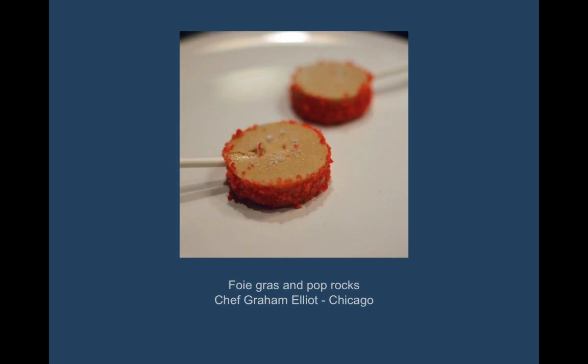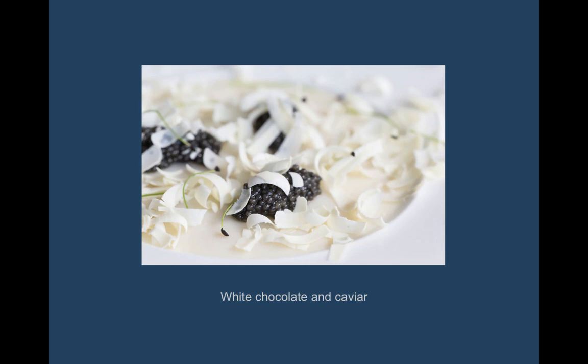This is Graham Elliott's combination of foie gras and pop rocks. High culture and low culture combined in one superb image. Personally, I'm not a meat eater, so superb might not be the best word, but it is a rather interesting combination. Or this, white chocolate and caviar.